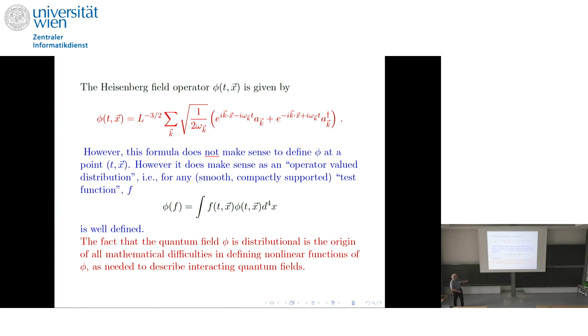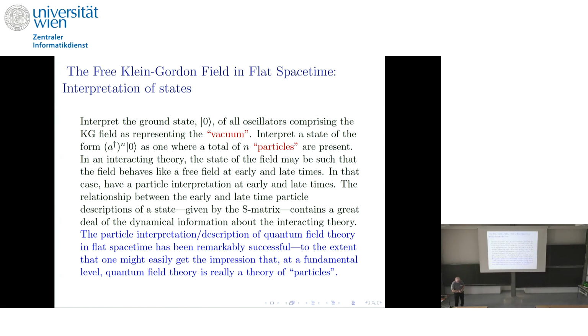The only thing funny in this construction is that the quantum field itself is now a distribution, but again, we can think of it as an infinite collection of oscillators. And this ground state has a funny name, namely the vacuum, making people think there's nothing there. But of course, the quantum field is there, and the vacuum state is a state like every other state.